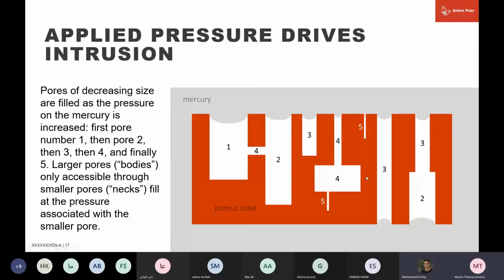So this volume is associated with this pore throat, and this is the important concept. Our expectation is that we're measuring pore throat distributions, the volume of the throat and the volume of pores beyond the throat. It's a very important concept to have in mind when it comes to looking at the data.